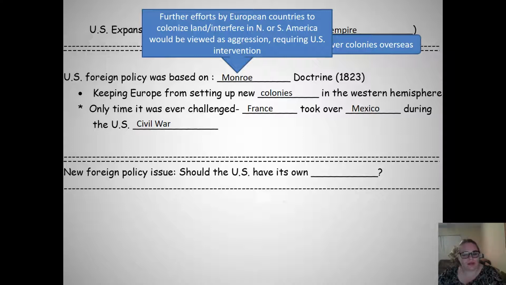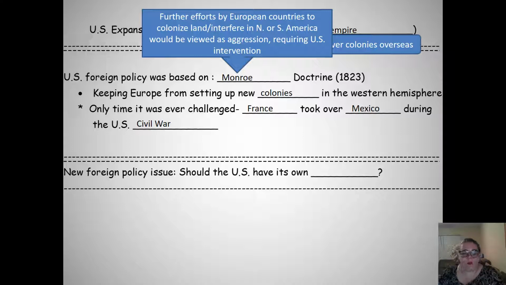As you can imagine, we've got a few things going on already we're not really thinking about. So we deal with the Civil War, and as soon as the Civil War is over, U.S. troops are pulled from the southeast where they were fighting, and they are sent into Mexico to kick out the French. So it was challenged once, and we backed it up. We kicked the French out.